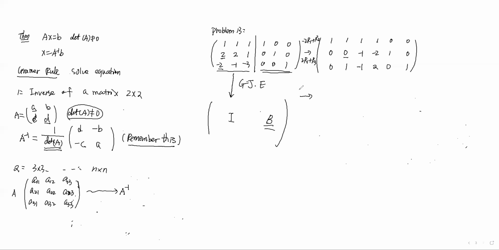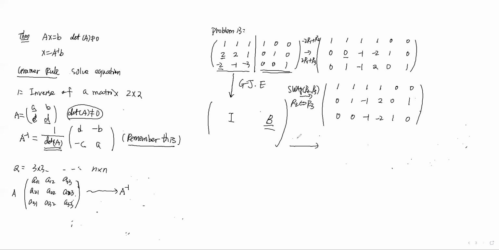So now switch R2 and R3, or you can write it in this form. That's fine. Okay, so 1 1 1 1 0 0. So switch 1 1 negative 1 2 0 1 0 0 negative 1 negative 2 1 0. I may have made a mistake. I'm not sure now. Okay, so the next step is you have to make this 1.